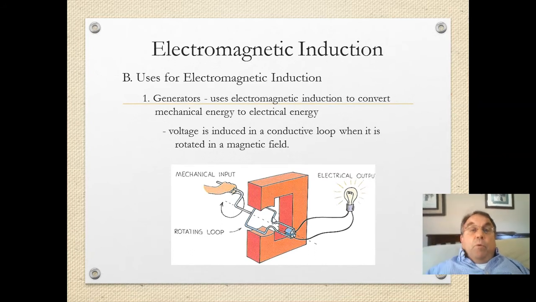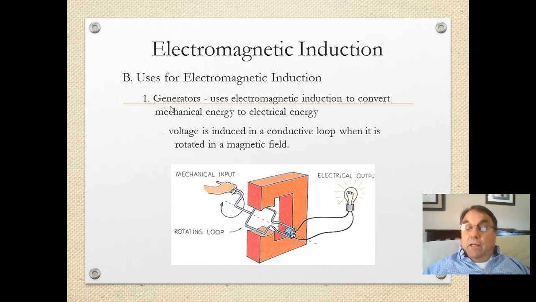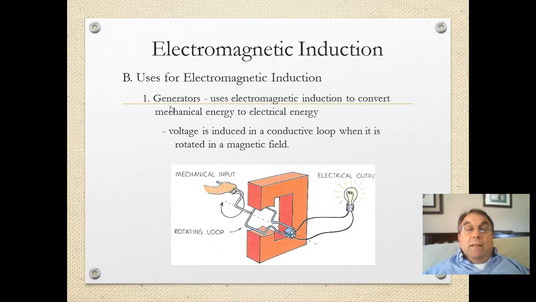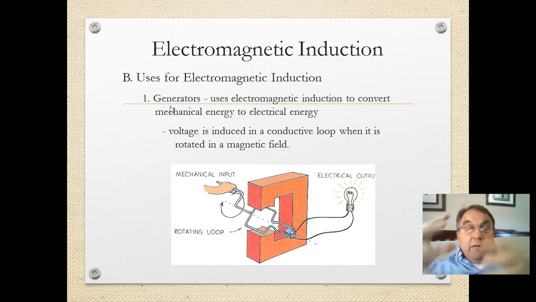Okay, so the two most important outcomes of this, at least currently, pardon the pun, are generators and motors. And as you saw in that last part of the messing with magnets lab, motors and generators are basically the same thing. It's just a question of what's the input and what's the output. So what does a generator generate? Well, it generates electricity. From what?